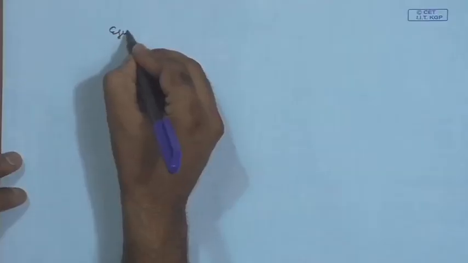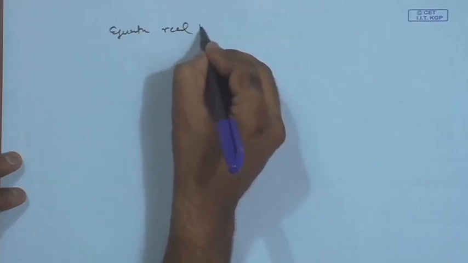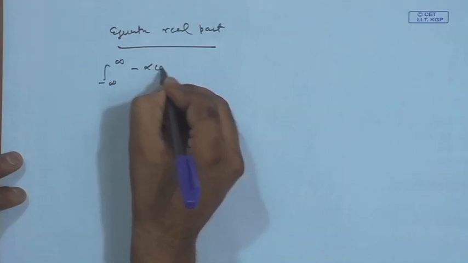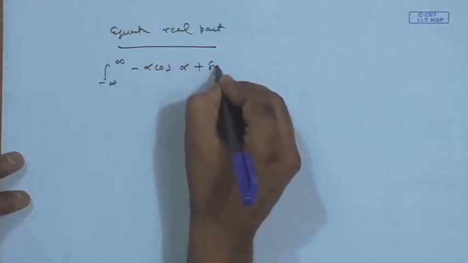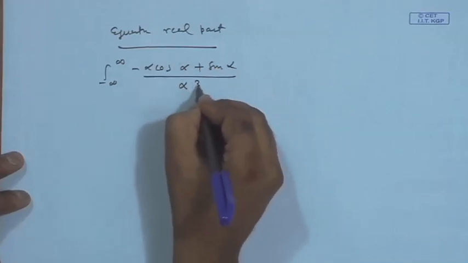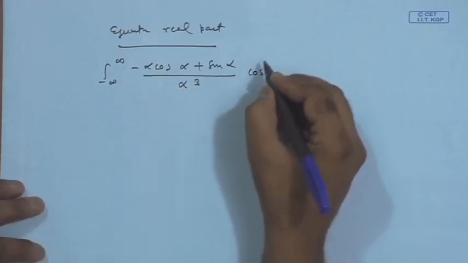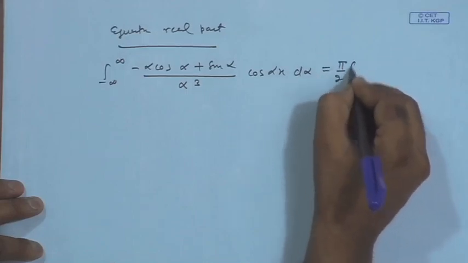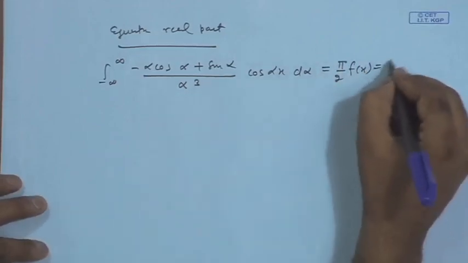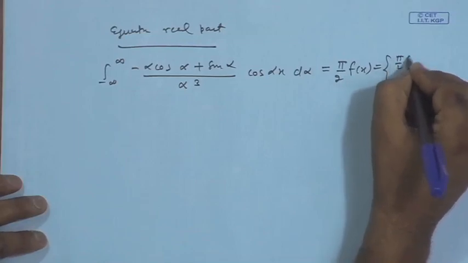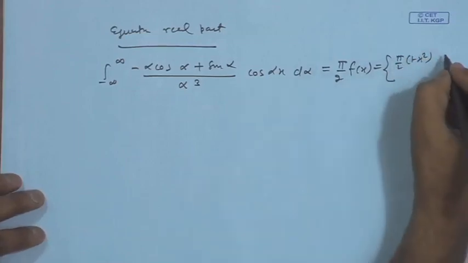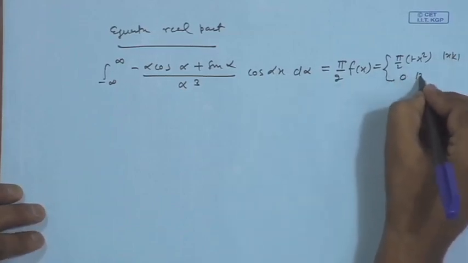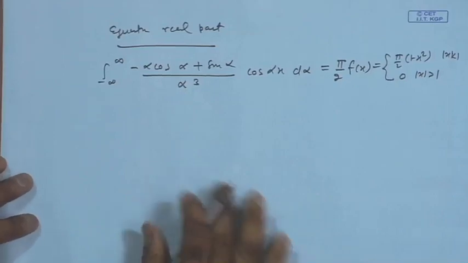So equating the real part, we will get the integral from minus infinity to plus infinity of minus alpha cos alpha plus sine alpha over alpha cube, cos alpha x d alpha, and the value would be pi by 2 f(x), where f(x) is 1 minus x square if mod x is less than 1, and 0 if mod x is greater than 1.